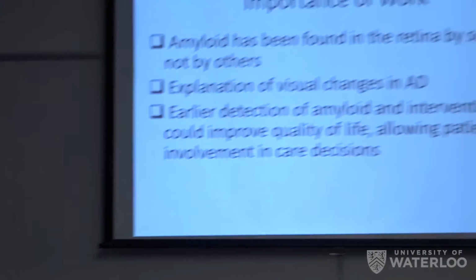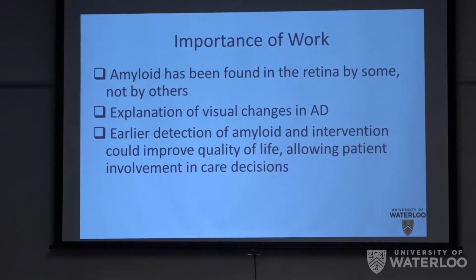And there were, though, visual changes that had been measured in Alzheimer's disease. And so when the vision is changing, you wonder if that's changes in the brain or changes in the retina. And more importantly, being able to image amyloid optically would allow us to intervene earlier in the disease, have people start on early stage therapies, and improve their quality of life.